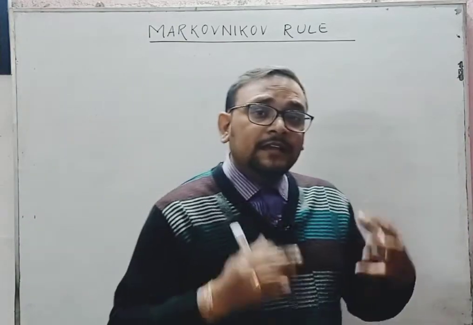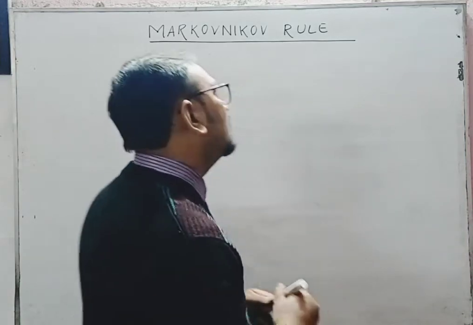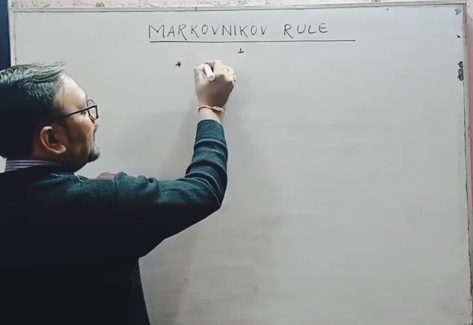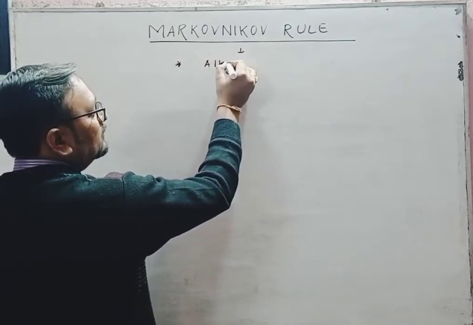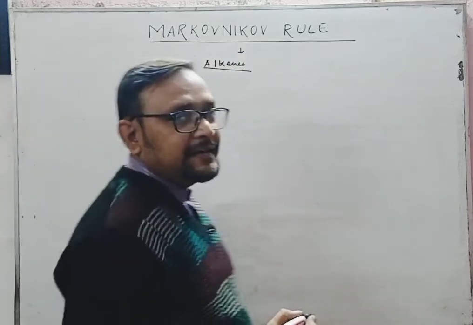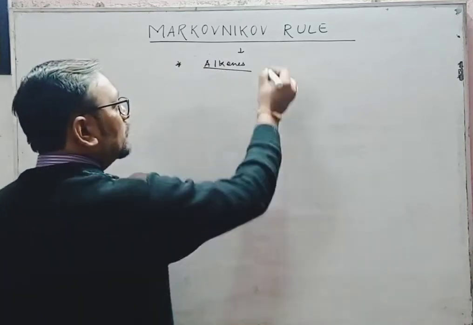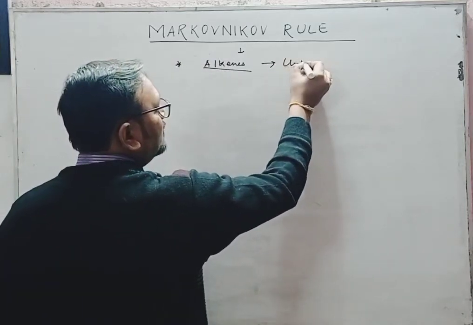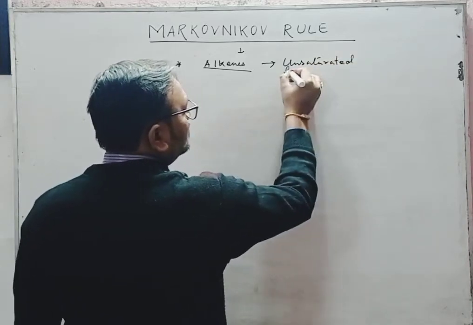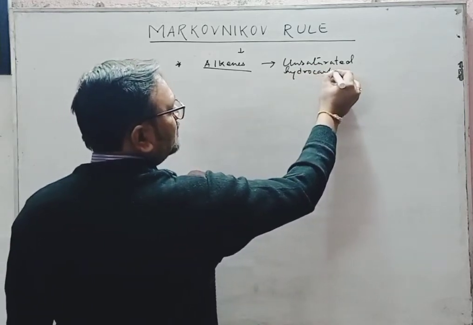In which topic will you get this rule? That is the first question. We'll apply this rule for the alkenes. So you know what alkenes are? Alkenes are unsaturated hydrocarbons.